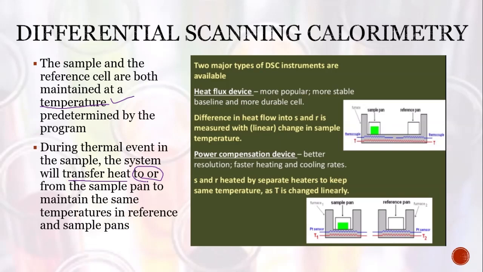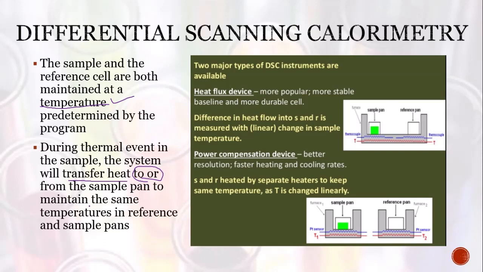So this is the transfer or flow of heat to or from the sample. It will transfer heat to or from the sample to maintain the same temperature as the reference and the sample pan.